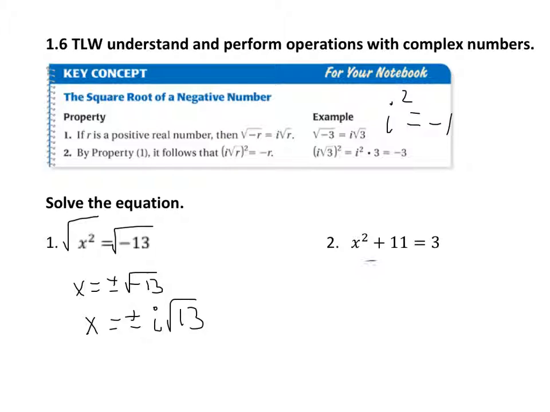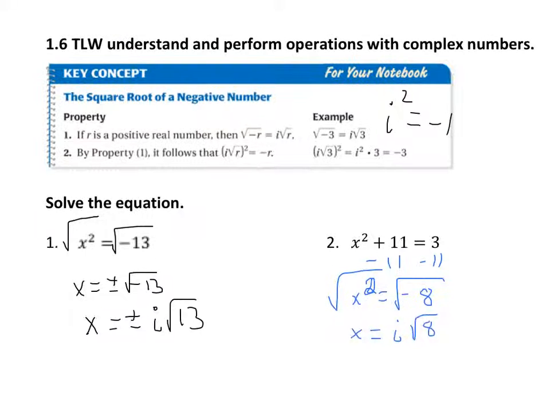Here, you got to subtract the 11. Get x squared equals negative 8. Let's clean that up. Square root both sides, so you get x equals i times the square root of 8. Well, but square root of 8 you can simplify.